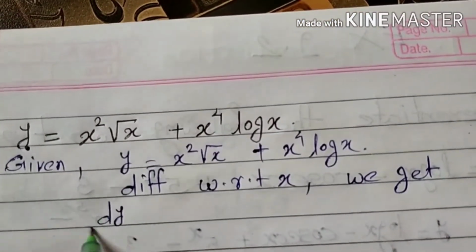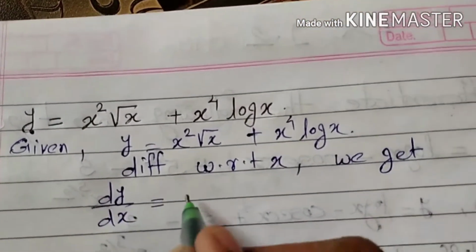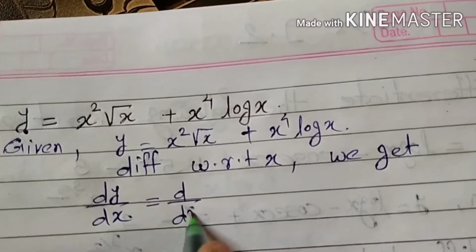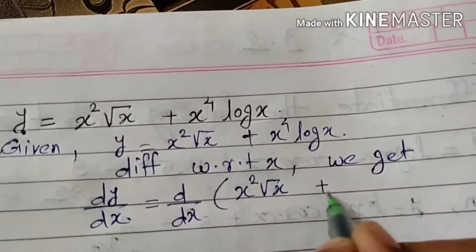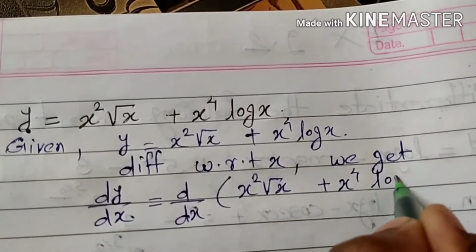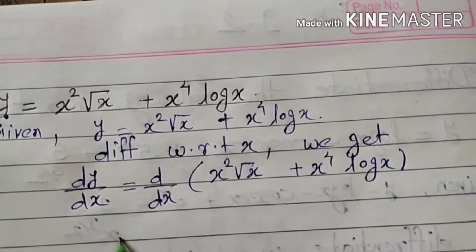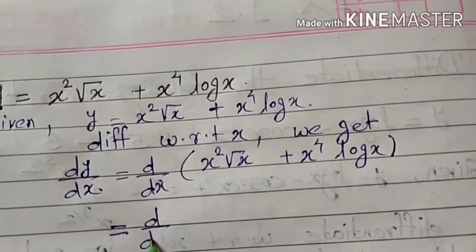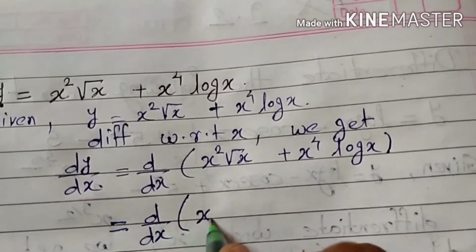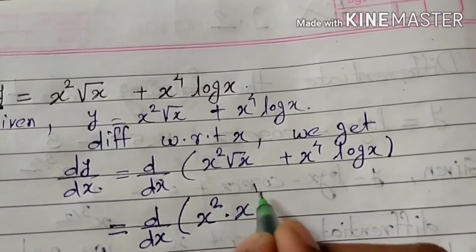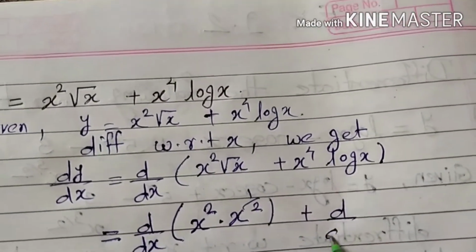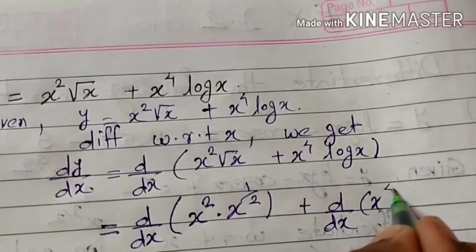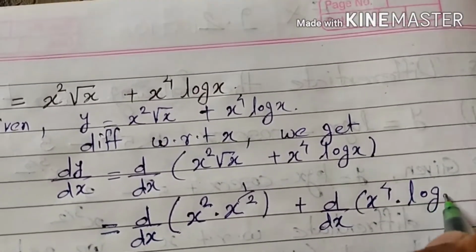So here dy upon dx, which is equal to d by dx of x square root x plus x raised to 4 log x. Now it is d by dx of x square, and write root x as x raised to 1 by 2 plus d by dx of x raised to 4 into log x.